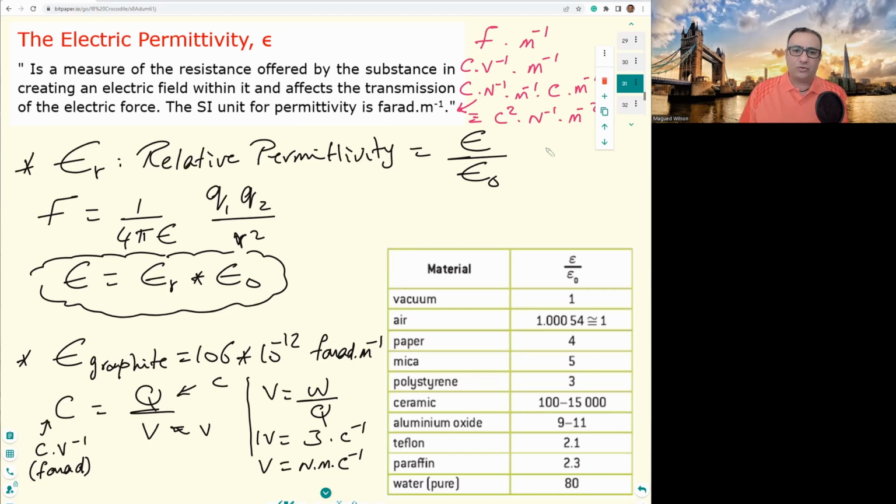You need to know how to apply the permittivity. The bottom line: if the medium is air or vacuum, you use epsilon naught or k right away. If the medium is not air or vacuum, you use epsilon r or epsilon of the medium itself.